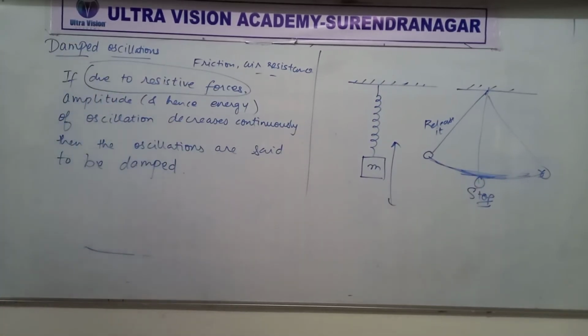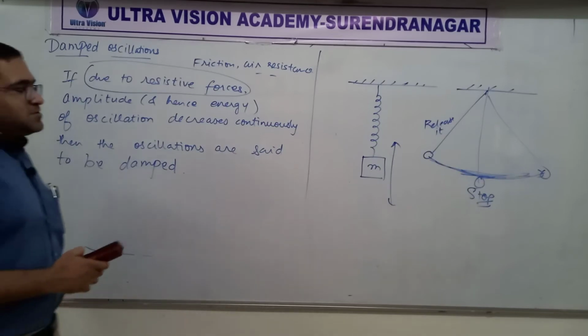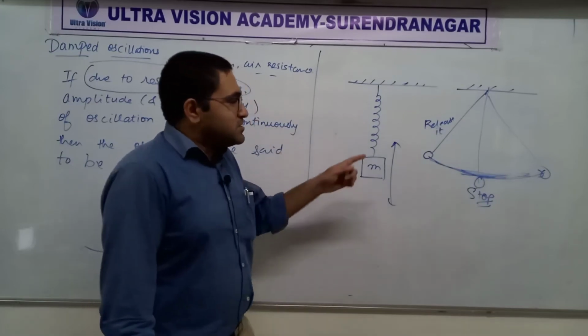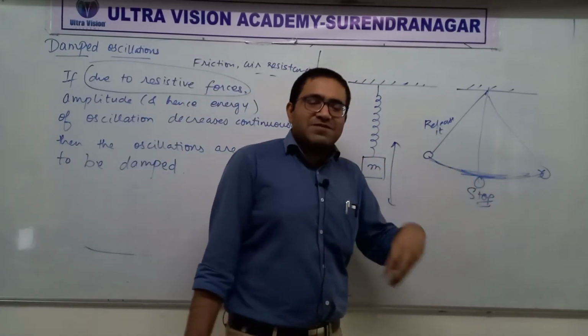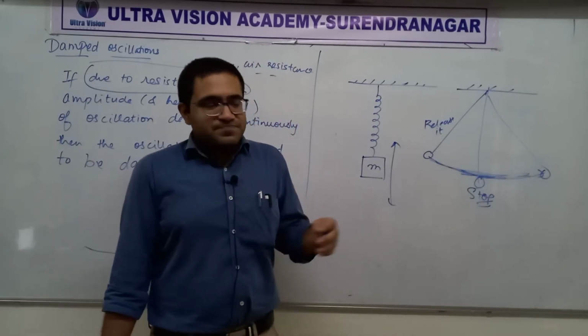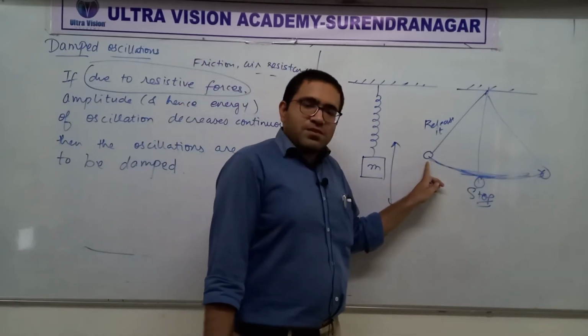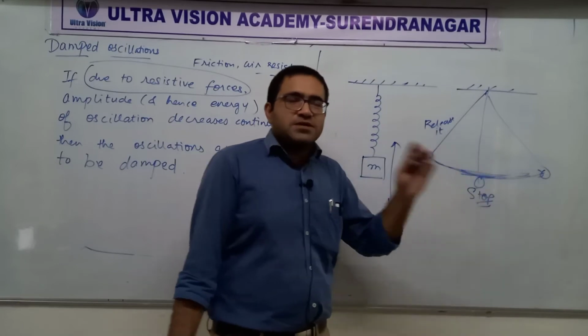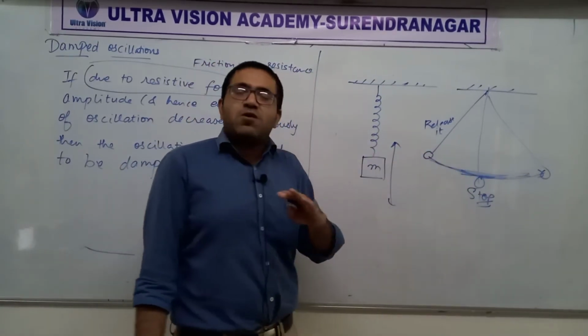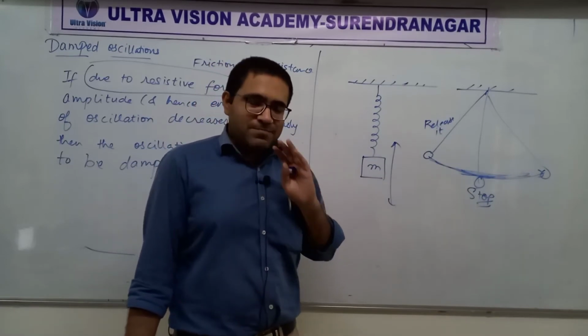Now here, unlike in simple harmonic motion, listen to this, this will not keep oscillating with the same amplitude or with the same frequency. I repeat, when this oscillates, its amplitude won't remain the same, its frequency also won't remain the same.